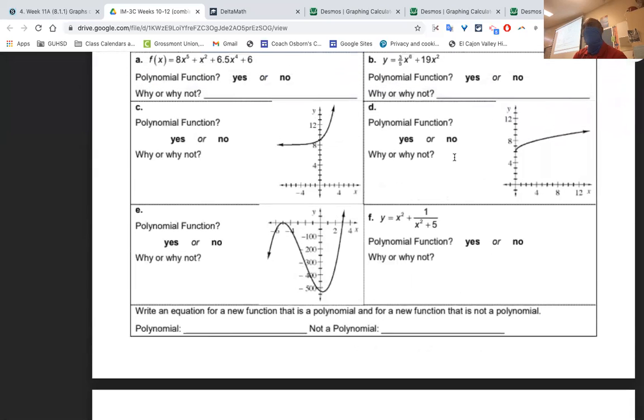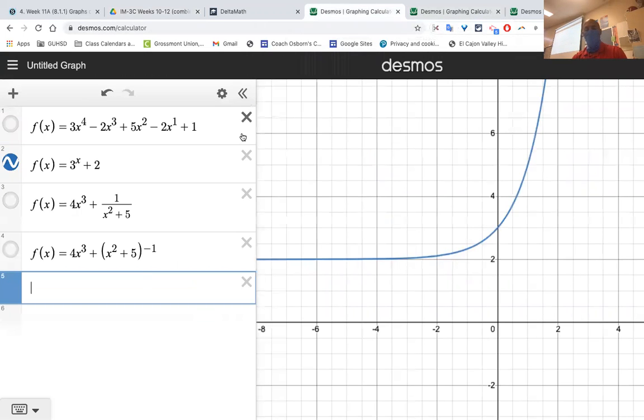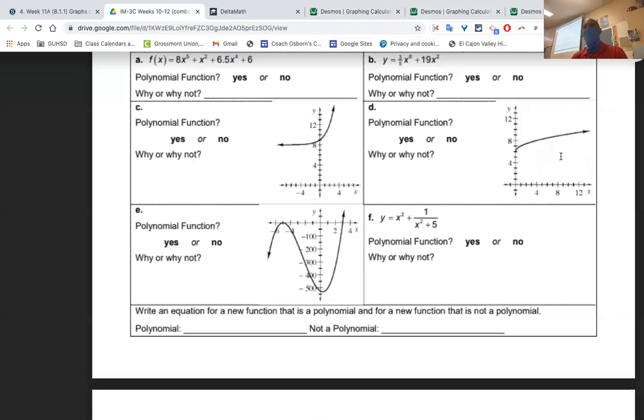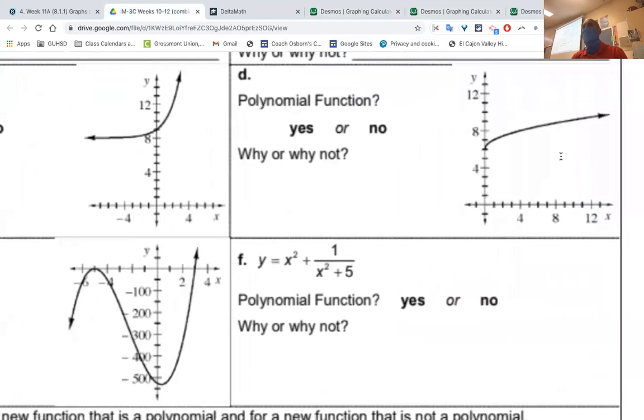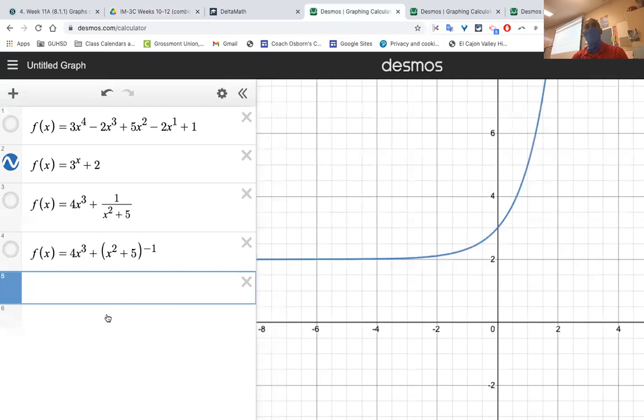Okay, look at D. I don't know if you guys remember what kind of function that is when it starts at some number and then just shoots up off in one direction. Do you guys remember what that is? Isn't that the square root one? That is a square root. So that will look something like this.